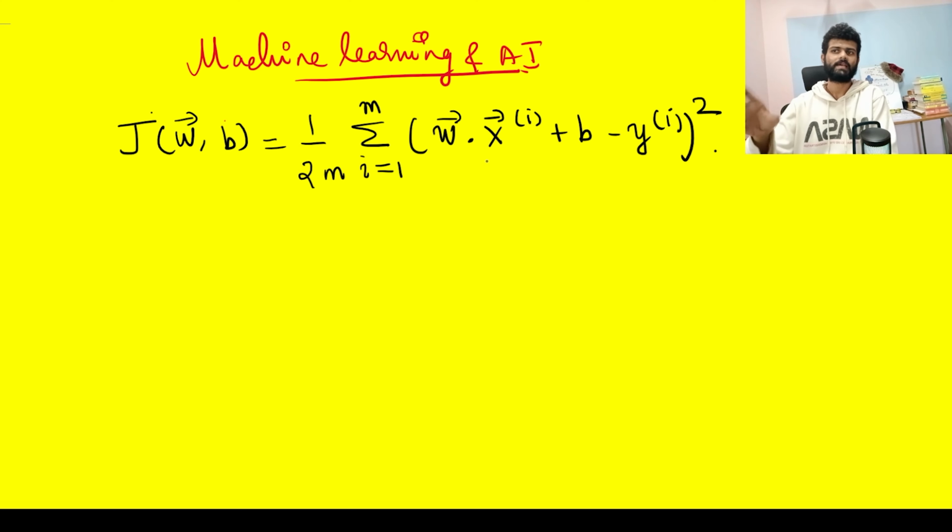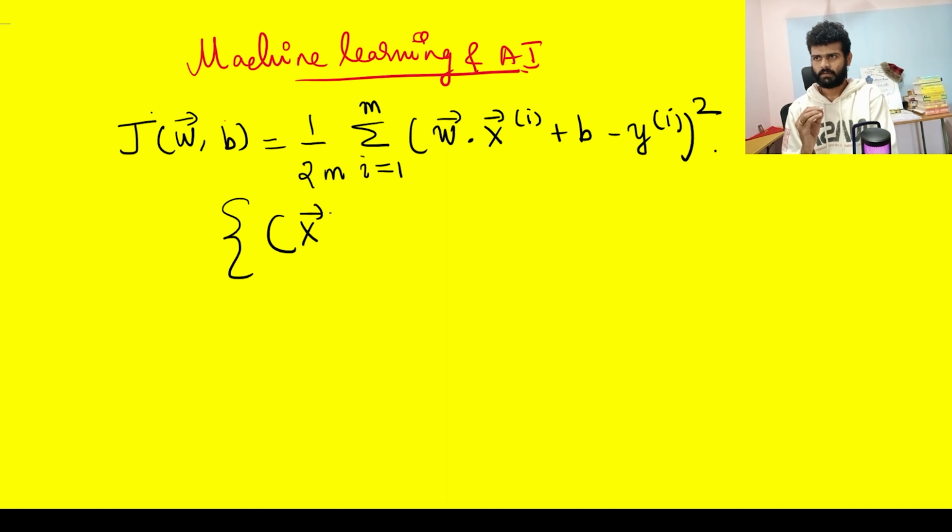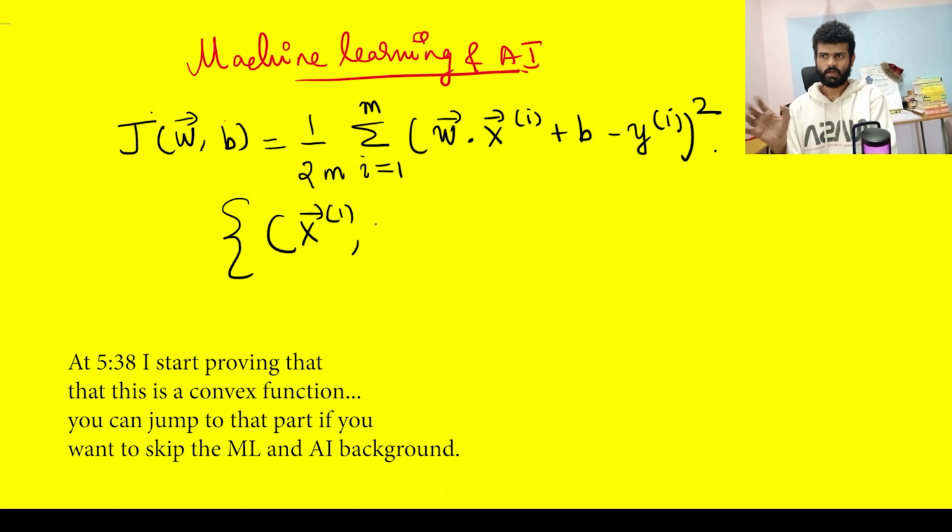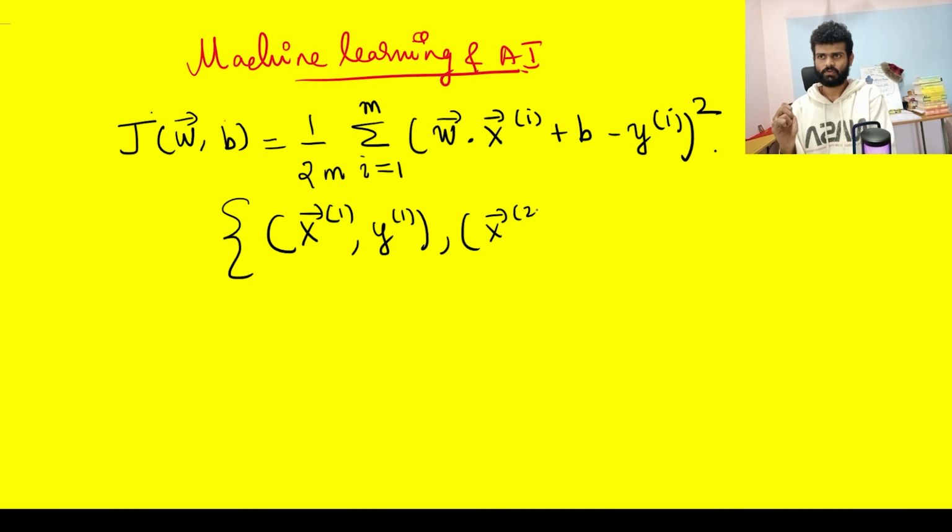So let me explain what the vector x is, and the y's, which are also called the outputs. For that, let me quickly write down x1, y1, x2, y2. You will see why I'm doing this.